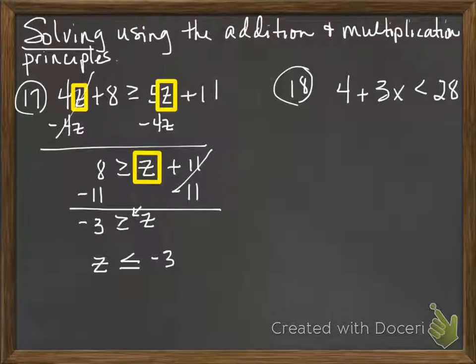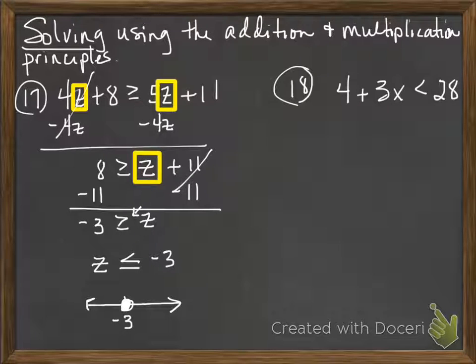Now you didn't have to graph here, but I just kind of want to talk about graphing. Your negative 3 would be in the middle of your graph. And we're graphing all the numbers that are less than or equal to negative 3. Since there is an equal to on our less than sign, that means our circle is closed.